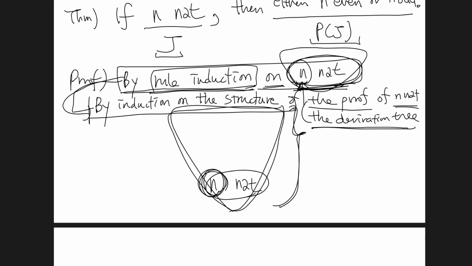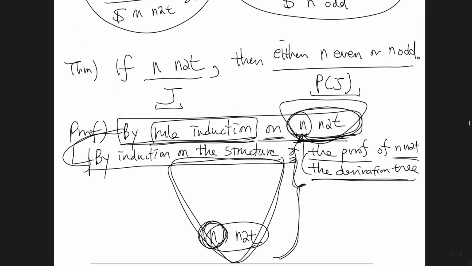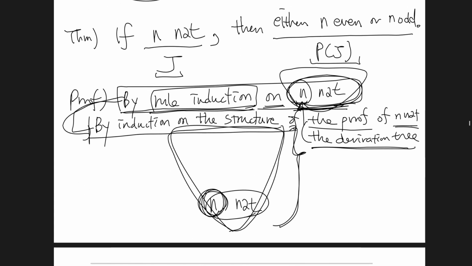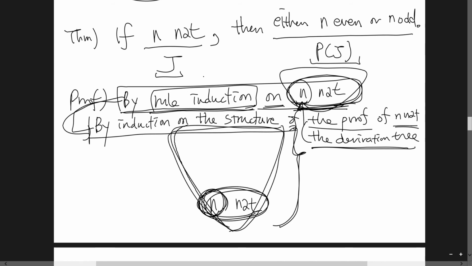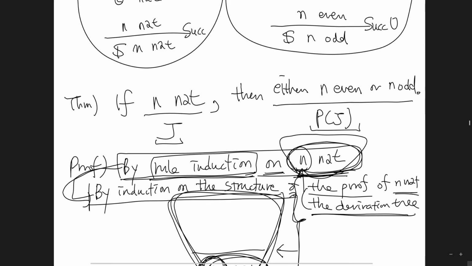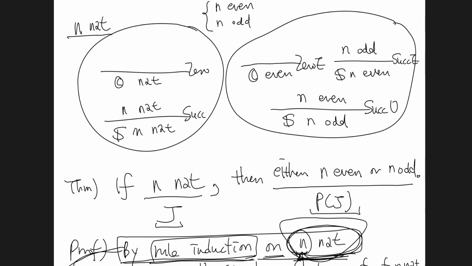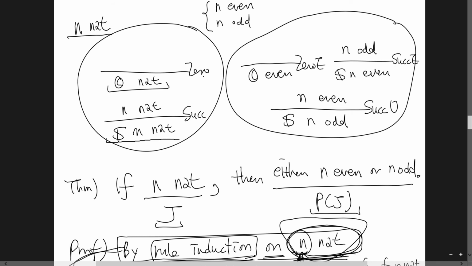So let's proceed. Because we are going to analyze the structure of this derivation tree, we want to focus on the last inference rule applied in this derivation tree. Because there are two inference rules that deduce this judgment. So there are two inference rules that prove judgment of this form, this inference rule and this inference rule.